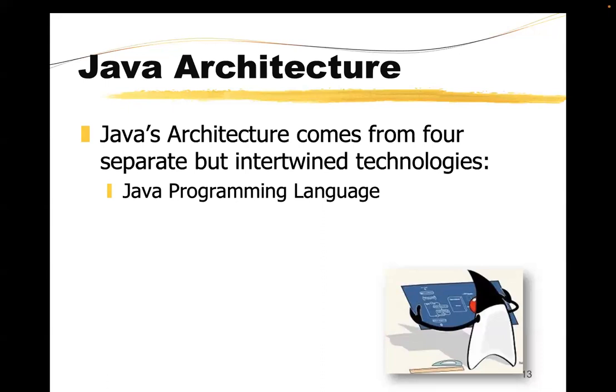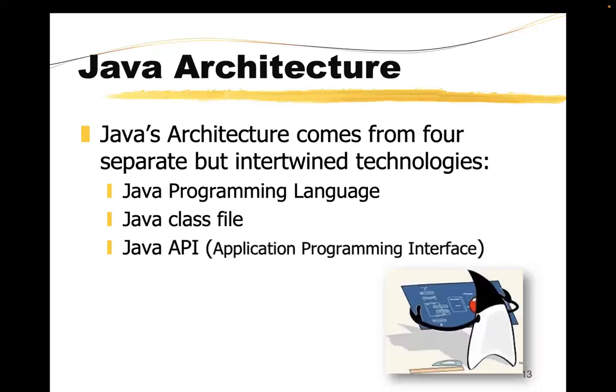When it comes to the Java architecture, we may have started discussing this last time. Right now, we have 4 separate but intertwined technologies, which are the Java programming language, Java class file, Java API, and Java virtual machine.